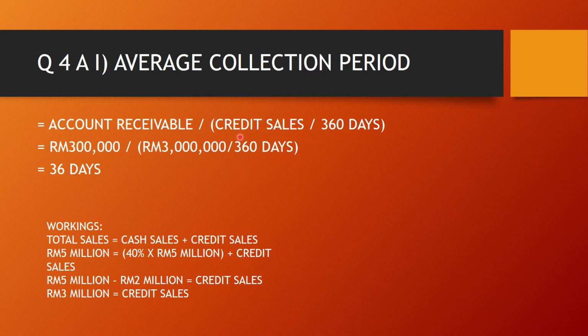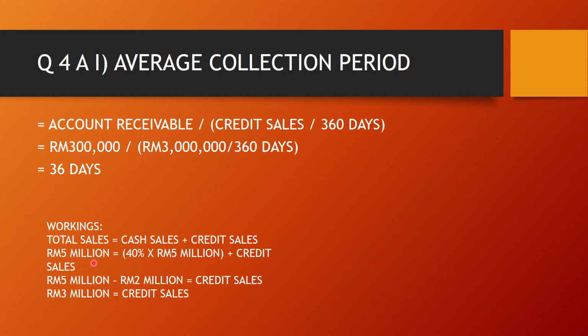So you need to calculate the amount for credit sale by using the formula of total sale equals cash sale plus credit sale. Total sale is given in the question at 5 million. Cash sale is equivalent to 40% of its sale, which means 40% times total sale 5 million.